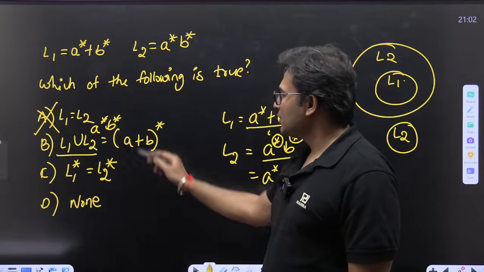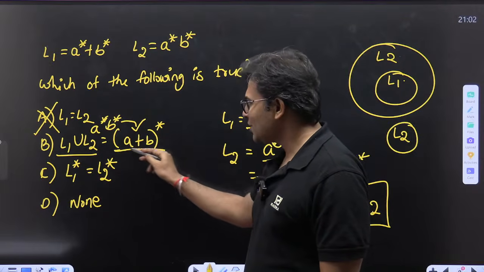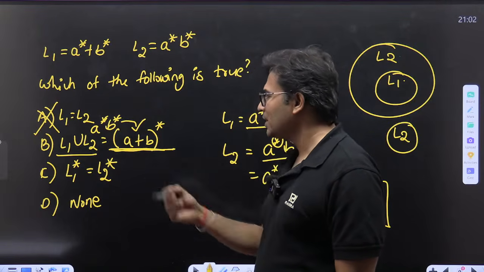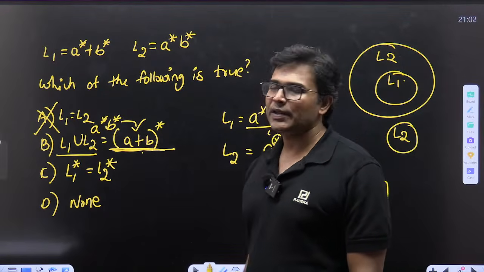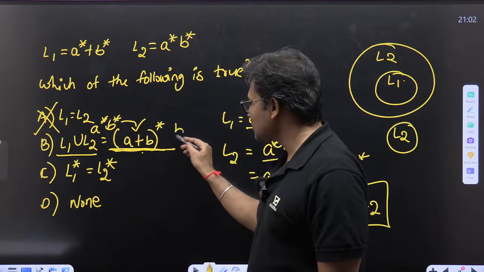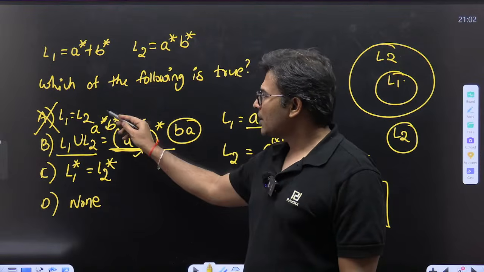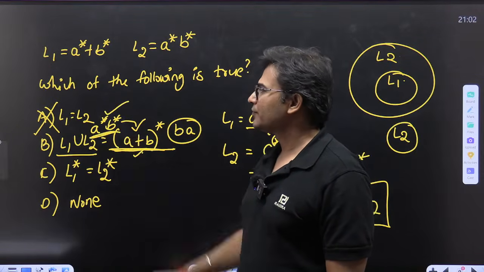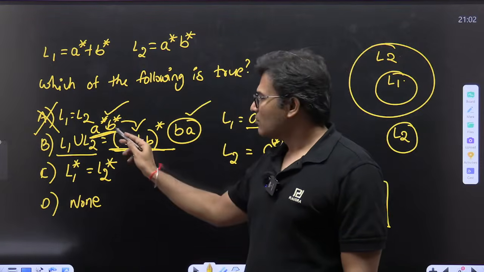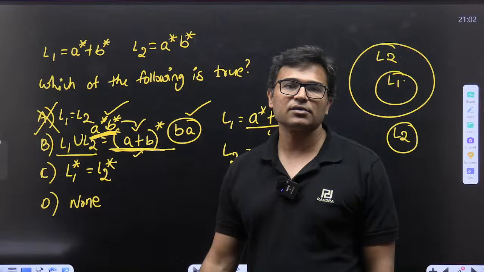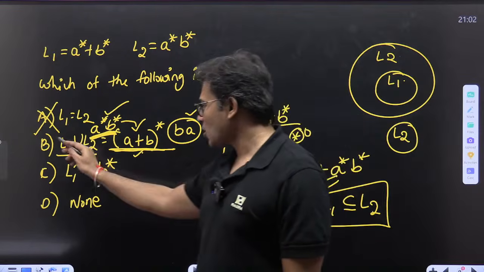Now, A star B star is not equal to A plus B star because this is a universal language. Just take a string which is present in the universal language but not present in A star B star. BA is an example. BA is present in the universal language, but it is not present here. Here you can't get a BA. So this is wrong, right?